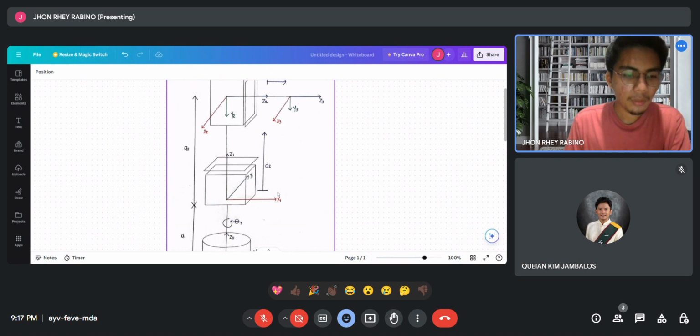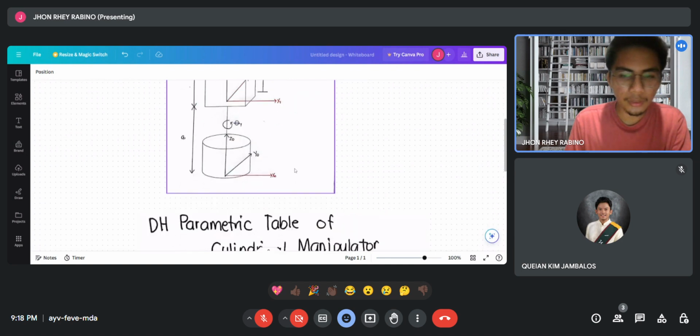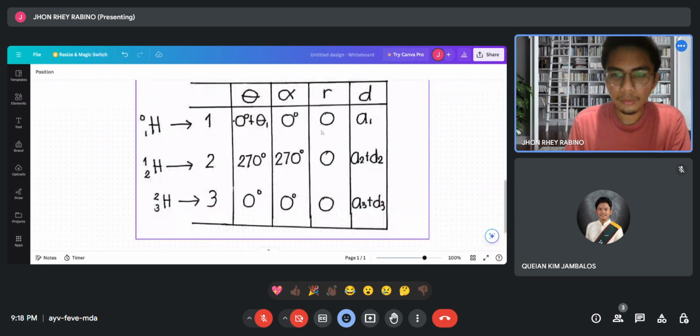Next, the distance of frame 2 to frame 1 along x sub n. Our x sub n here is x sub 2. The parameter r is 0 because x sub 0 is pointing forward, and there is no link length located in the forward direction. Also 0 in the parameter r in row 2.